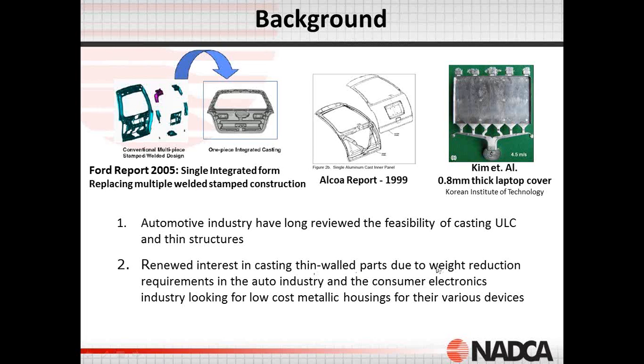And recently, there is renewed interest in casting these very thin parts because of the weight reduction requirements in the automotive industry, and in the consumer electronics world, looking to cast the housings out of metal instead of plastic.